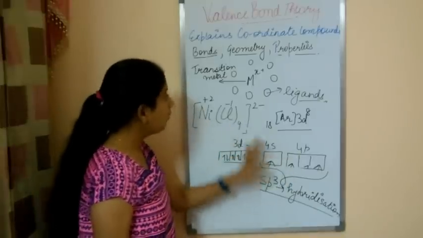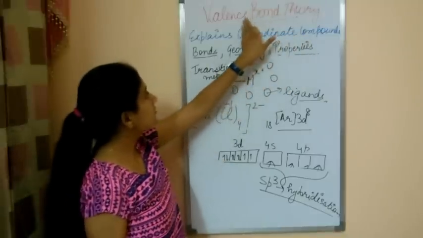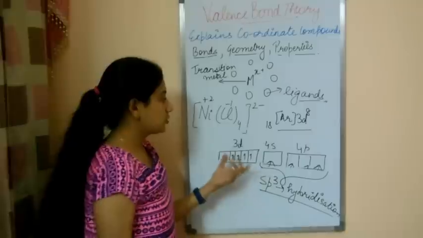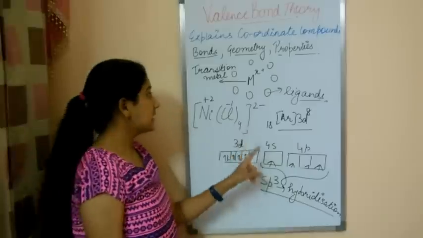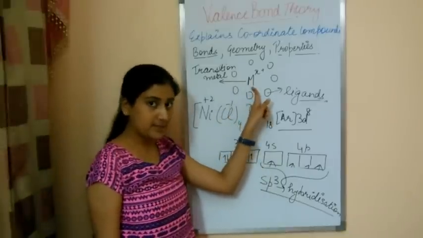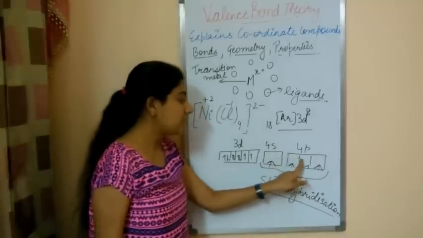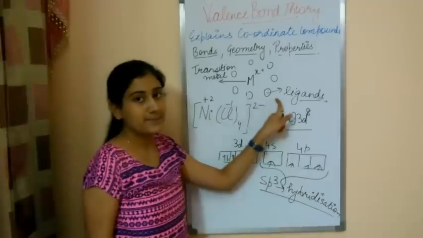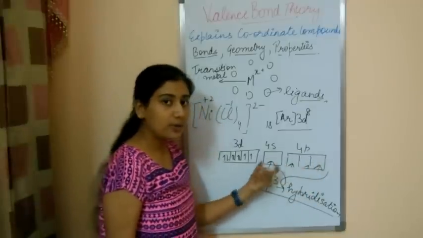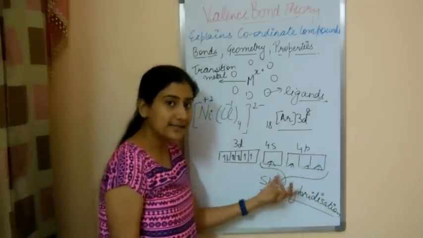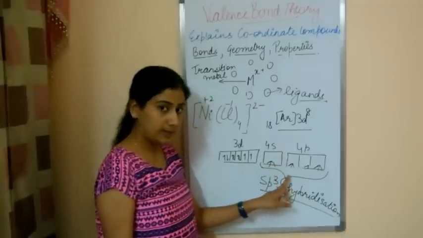So this is how the whole geometry and bonding in coordinate compounds is explained by valence bond theory. The first feature of valence bond theory says that transition metals are present in the coordinate compounds, and these transition metal atoms provide empty orbitals to the ligands. The second postulate says that these empty orbitals are going to hybridize and form a new set of orbitals of the same shape and perfect orientation.